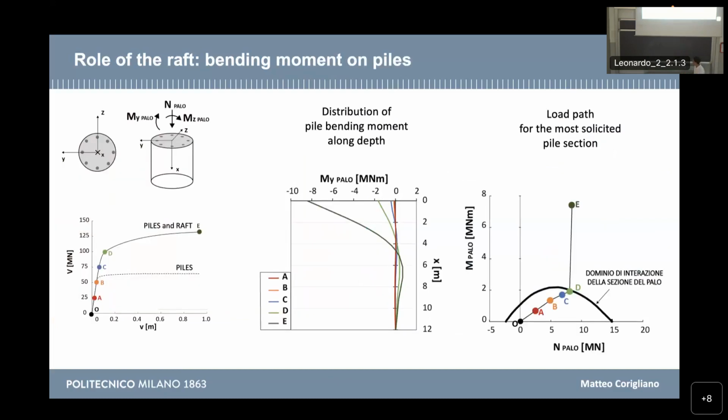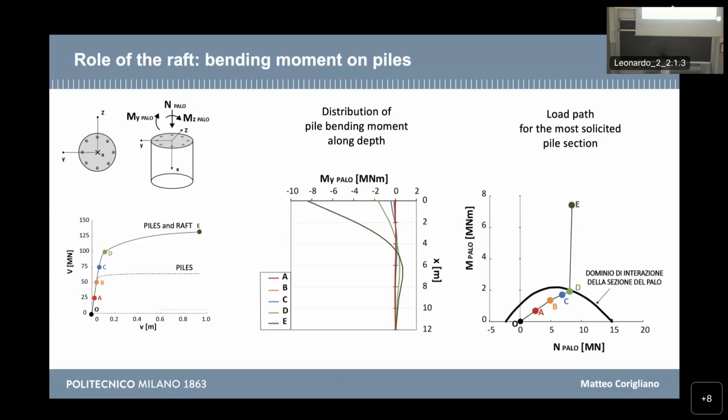So until now we understood that by not considering the raft, the bearing capacity of the foundation is strongly underestimated.